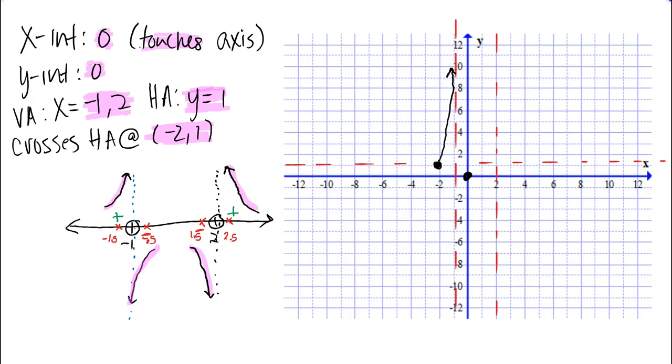On the other side, it'll cross that asymptote and then start approaching the horizontal asymptote. Then on the other side with 0, 0, I'm going to be approaching -infinity on the right side of that asymptote and -infinity on the left side of the other asymptote.